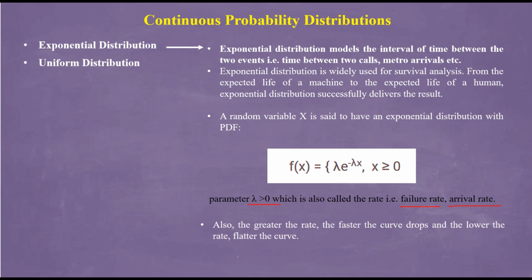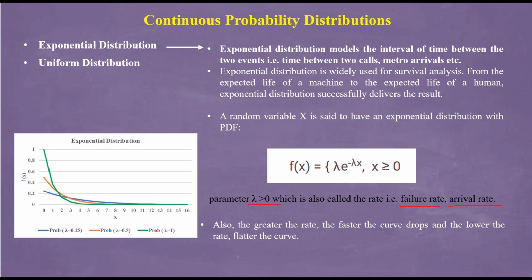Also, the greater the rate, the faster the curve drops, and the lower the rate, the flatter the curve. So the graph will show you that the blue colored line is for lambda equal to 0.25. You can see that this line goes from here and then gradually becomes 0 around 10.